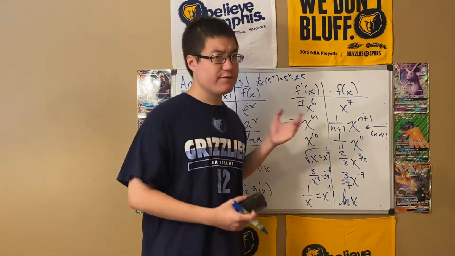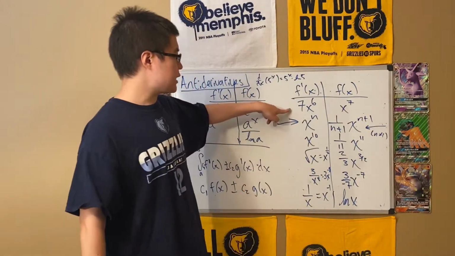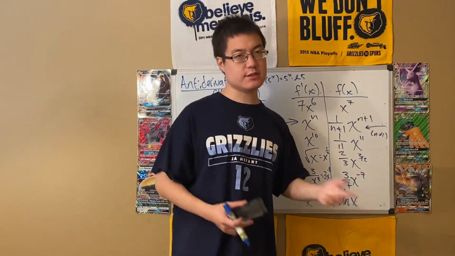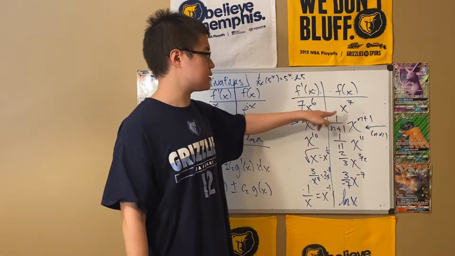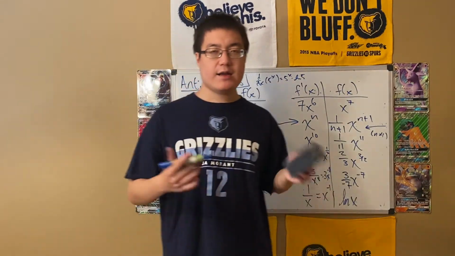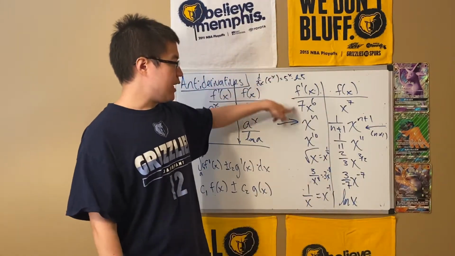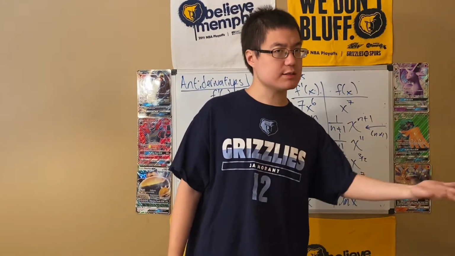Keep in mind that every function actually has an infinite number of antiderivatives. So if you take this guy right here, 7x to the 6, it is true that x to the 7th is the antiderivative of 7x to the 6, because the derivative of x to the 7th is 7x to the 6th. But if you add any constant, it still remains an antiderivative. For example, the antiderivative could be x to the 7th plus 3.